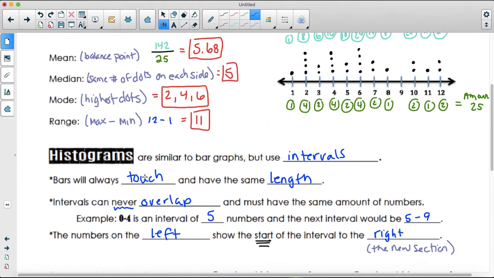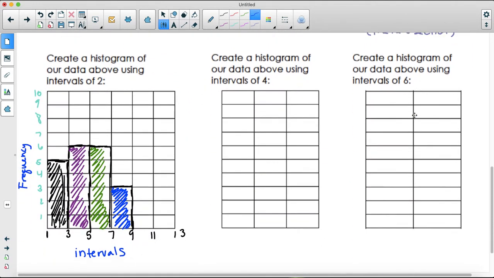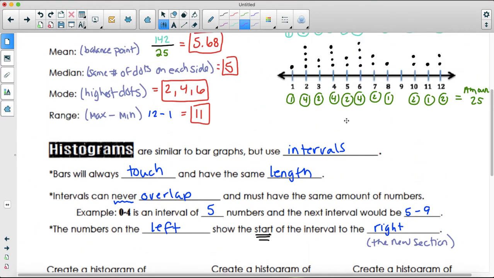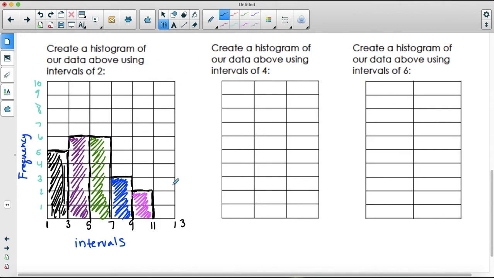For 9 and 10, that's at 0 and 2, so I have the frequency of 2. I'll just use pink for this one. And then the last interval is for 11 and 12, which is November and December, which is 1 plus 2 is 3. So that frequency is 3.